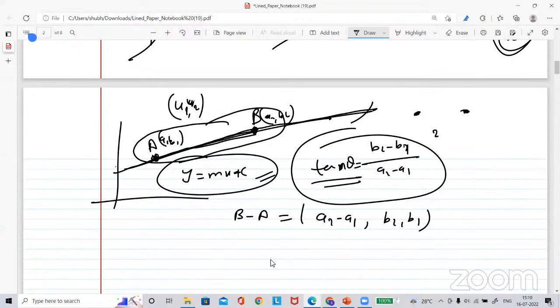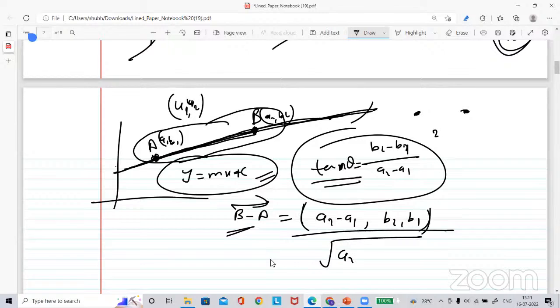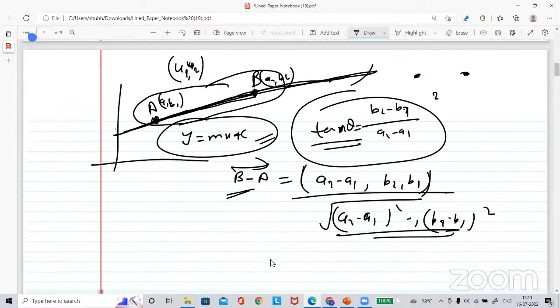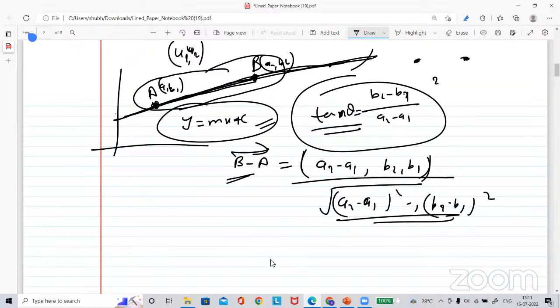Now divide with this. What is this telling? This tells you the direction of the line. And once you have the direction, make it a unit vector. Now you have this, your unit vector in that direction.